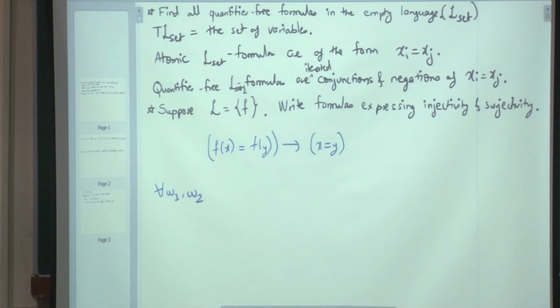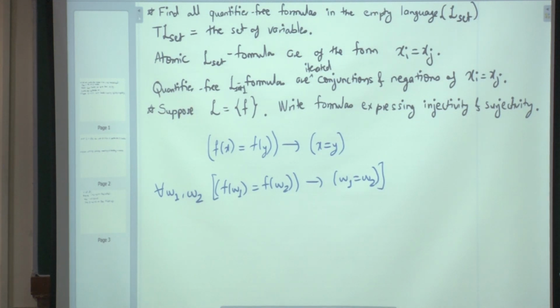This for all W1 comma W2 is a short form for for all W1 for all W2, we don't write so many for alls. F of W1 equal to F of W2 implies W1 equal to W2, and then we put a pair of brackets over here.